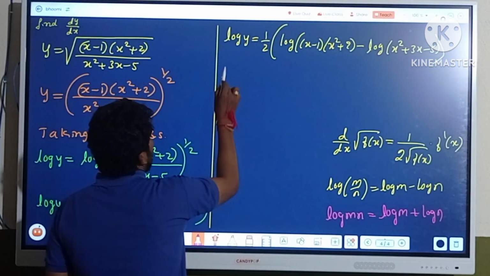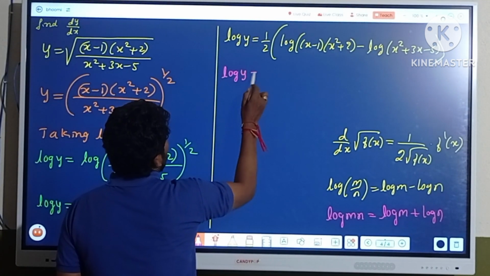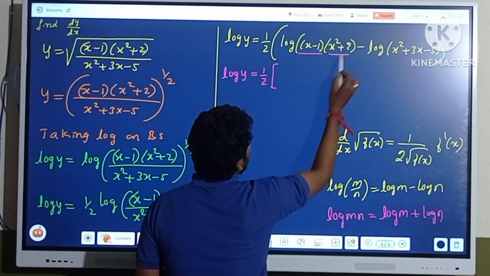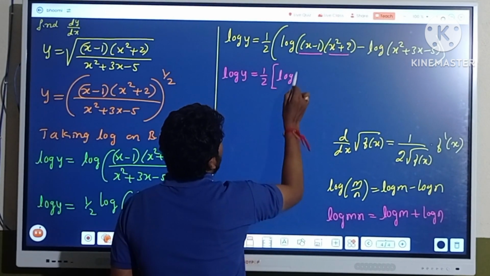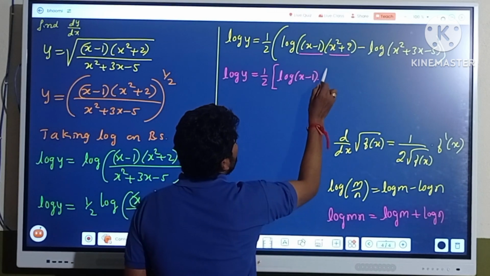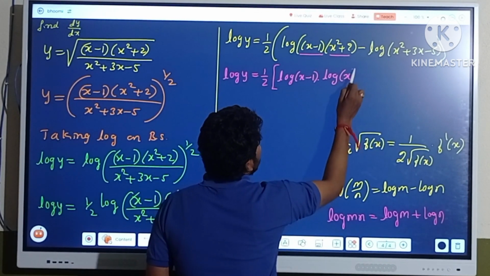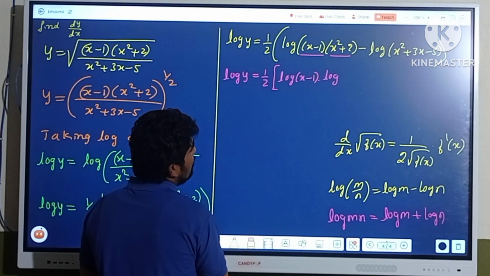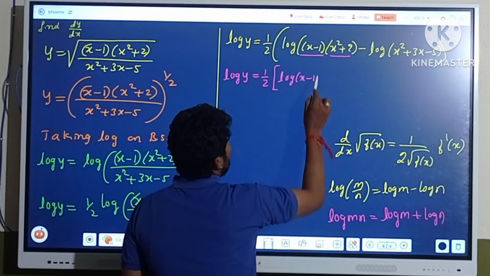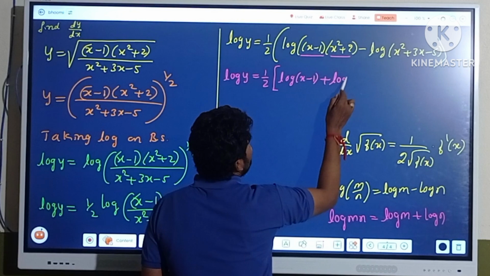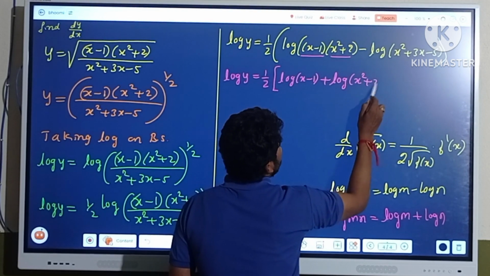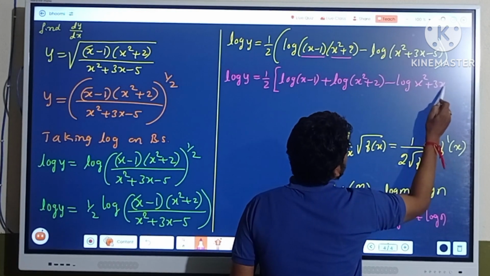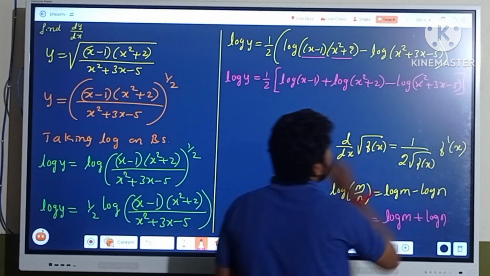Therefore, log y can be expressed as 1 by 2 into log of x minus 1 plus log of x square plus 2, minus log of x square plus 3x minus 5.